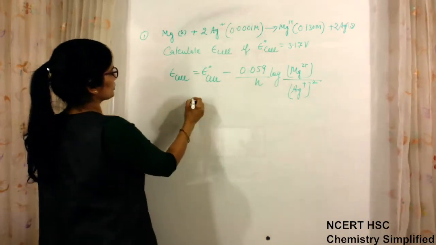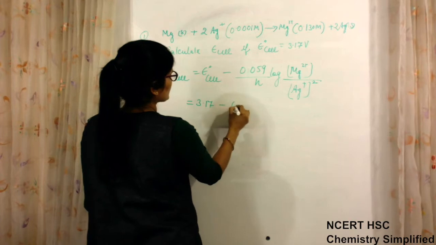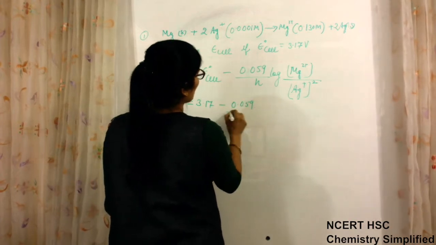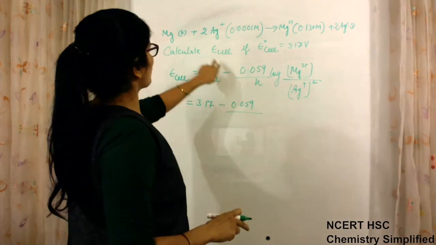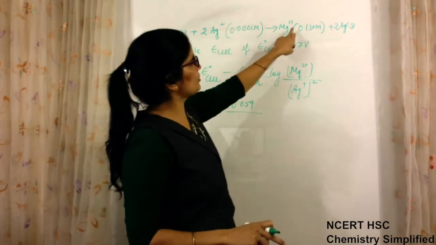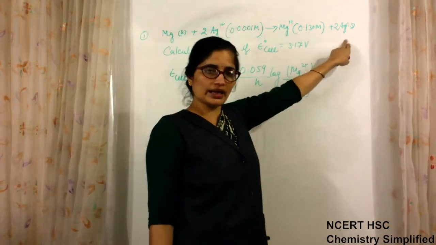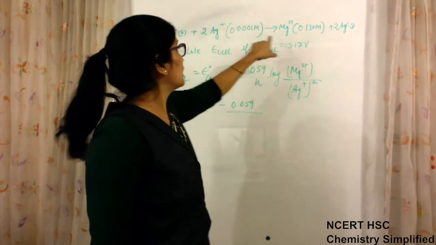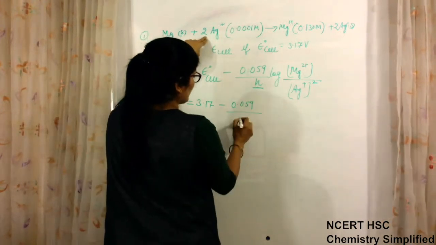Now just put the values. E standard cell is given as 3.17 minus 0.059 upon n, the number of electrons involved. Mg becomes 2 positive, silver is 1 positive becoming Ag, but there are 2 moles, so n here is 2 electrons.